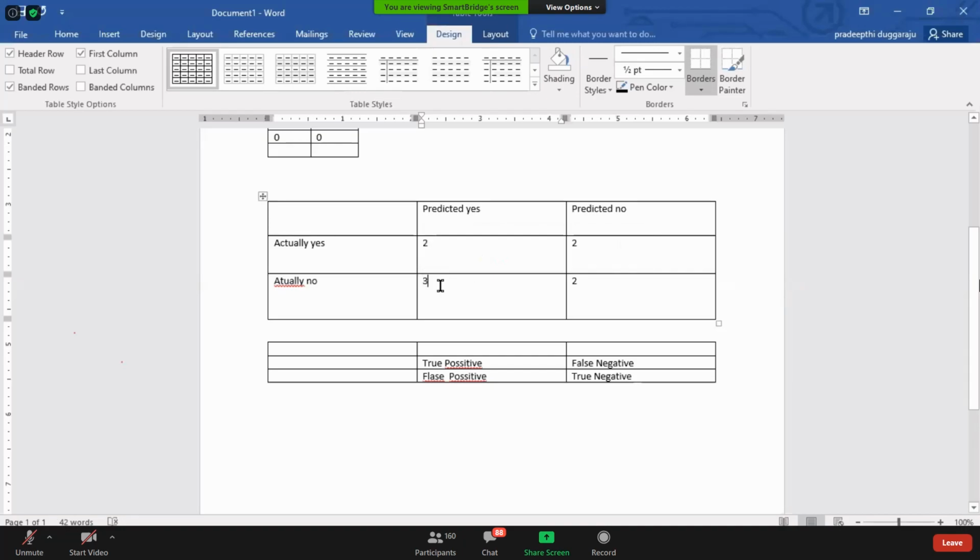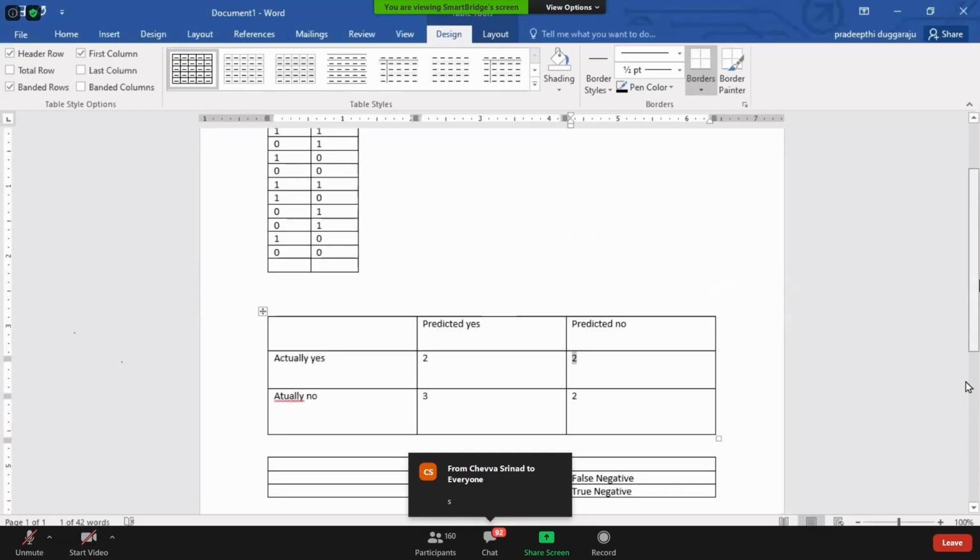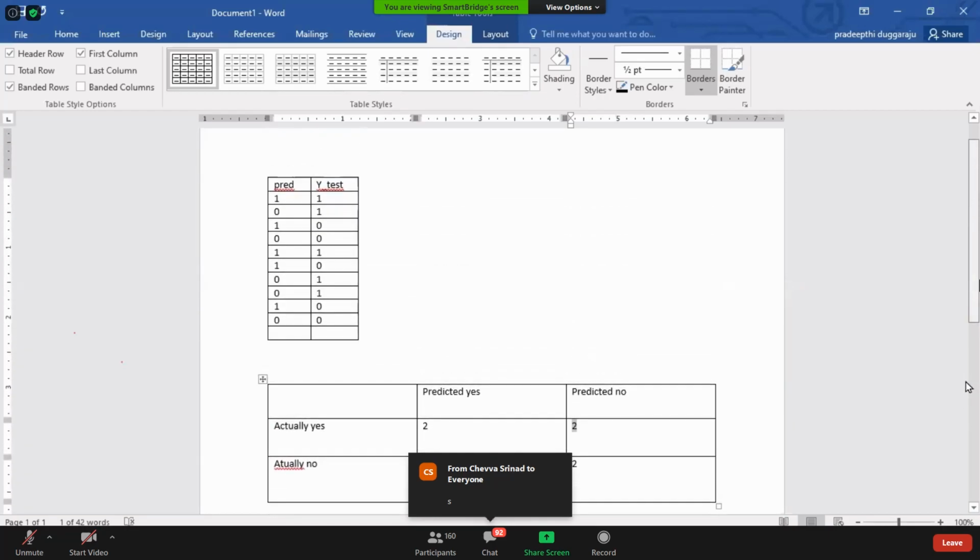This one, Srinath. Okay, this one. Is it 3? That is 3. So let's see whether those are 3 or not.